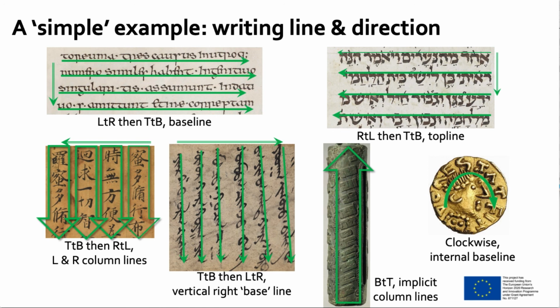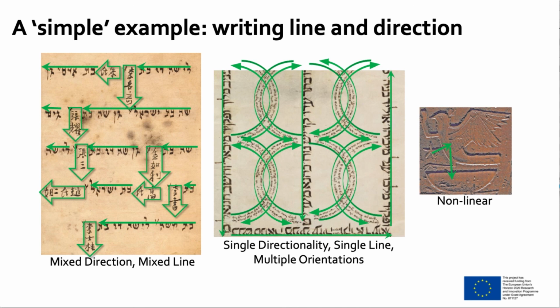This is an old Chinese example, clockwise on coins and so on. And then you get some really fun ones like these. So trying to find standards for recording this type of data in such a way that we can share and reuse it is by no means straightforward, and a very interesting question, probably not one that we're going to solve very soon though.